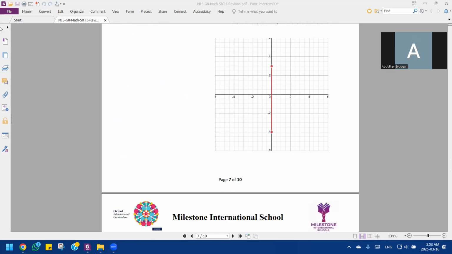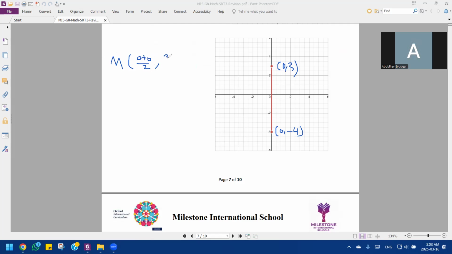Okay, now we have here 2 points. First, we need their coordinates. Since it's on the y-axis, the x is 0, y is 3. Second point, x is 0, y is -4. Okay, first we add the x values for m. 0 plus 0 over 2.